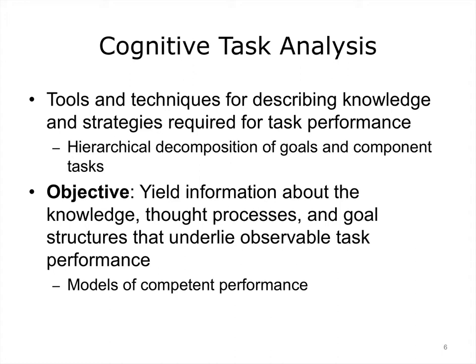Every task can be broken down into subtasks and further decomposed into particular steps, which may be behavioral or cognitive and involve an inference or conclusion. We will illustrate such an analysis in a minute. The objective is to yield information about the knowledge, thought process, and goal structures that underlie observable task performance.